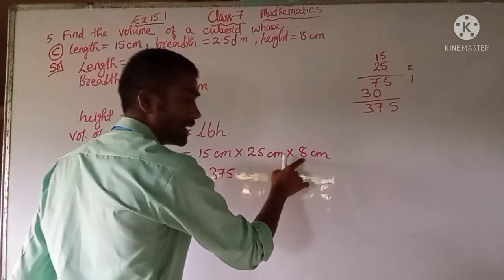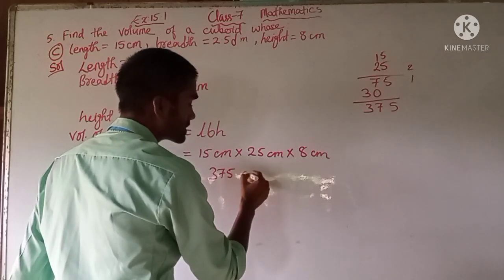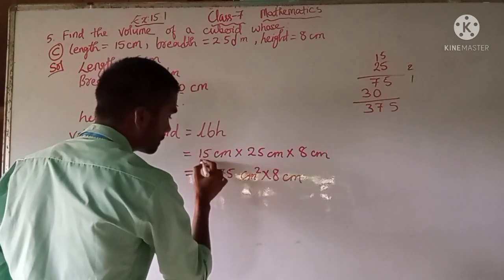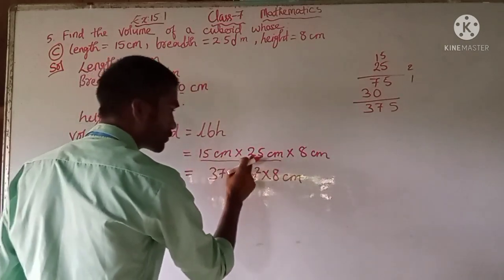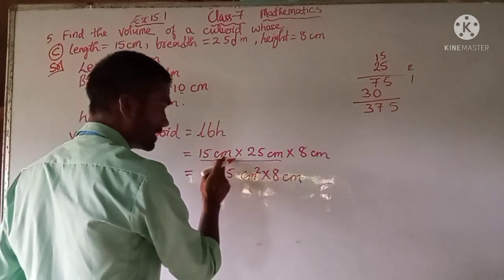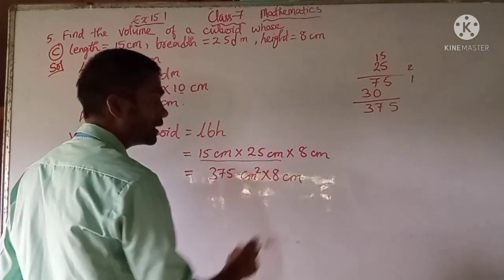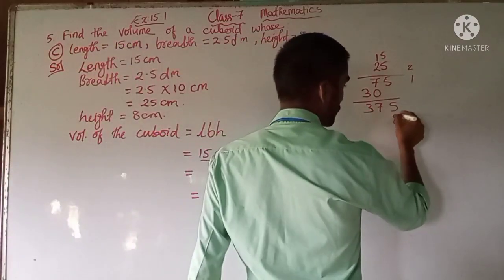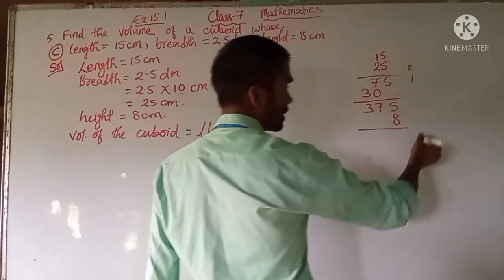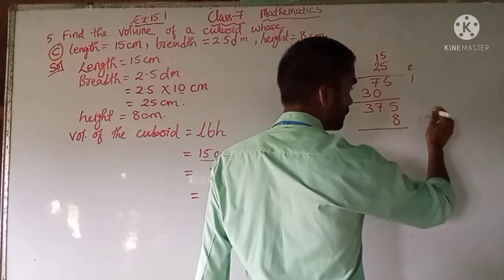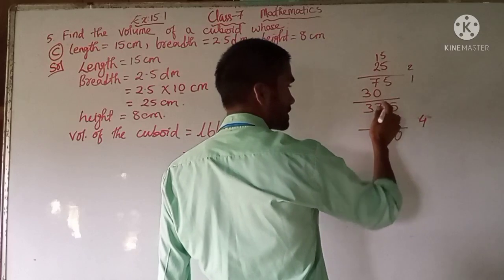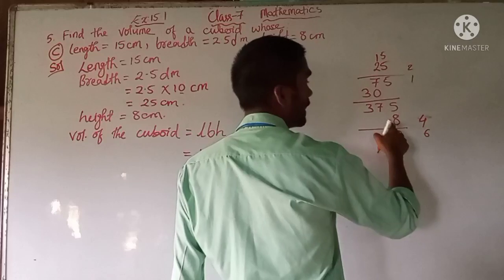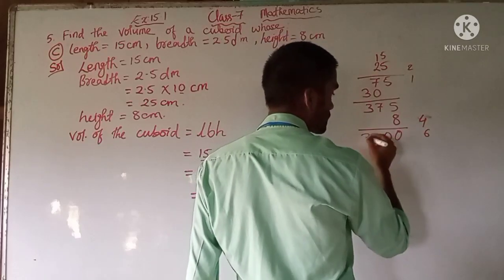Again 8 is also there, so centimeter square into 8 centimeter. We have multiplied these two, so we got 15 into 25, 375, centimeter into centimeter, centimeter square, and again 8 centimeter is left, so we'll multiply again with 8. 8 5s are 40, 4 in hand, 0. 8 7s are 56, plus 4, 60. 8 3s are 24, plus 6, 30.